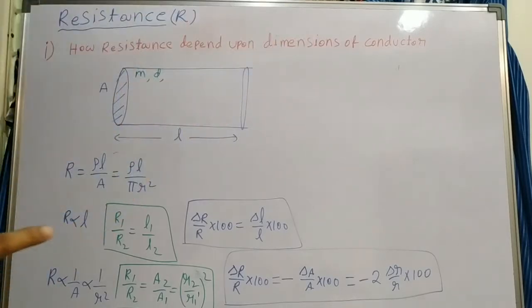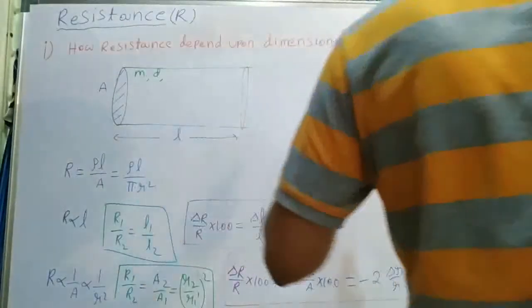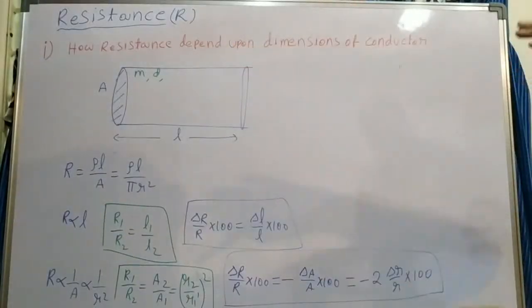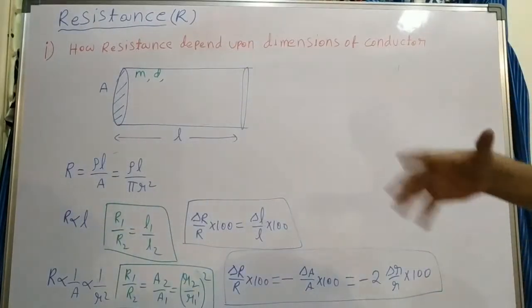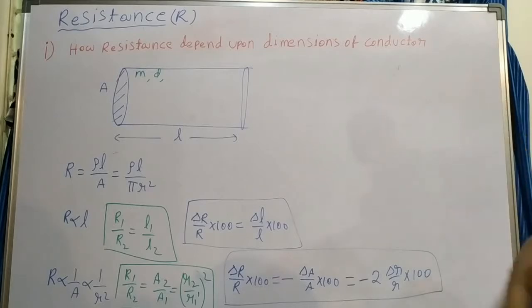One case is area constant, and the second case is length constant. Now if you keep the mass of the material constant, and the wire is stretched, or the whole conductor is melted and recast into a new wire, then how does R depend?